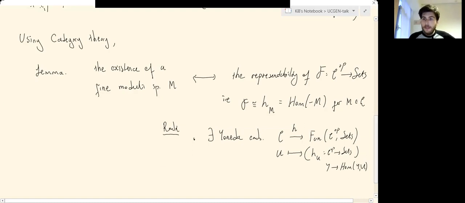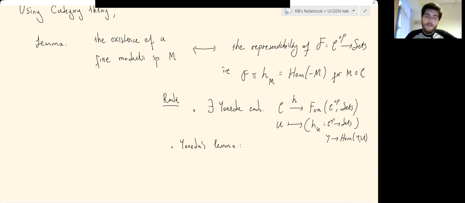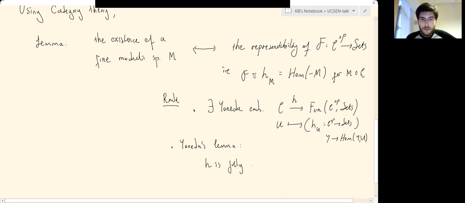Okay, and the important lemma, remember, the Yoneda lemma says that basically this h is fully faithful, or if you like, it's kind of injective, okay? Which means that if you know all morphisms into U, you can uniquely define U, okay? So h is fully faithful.